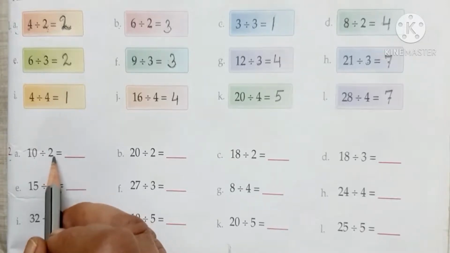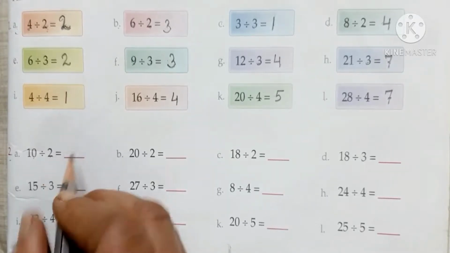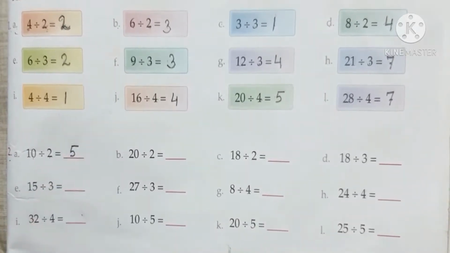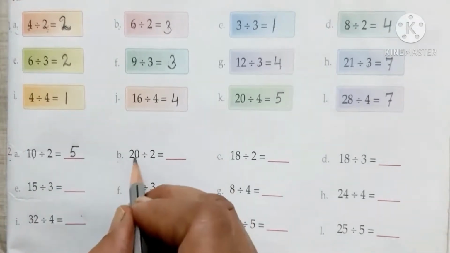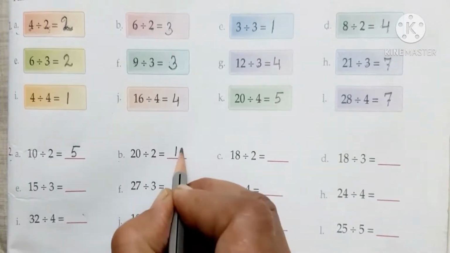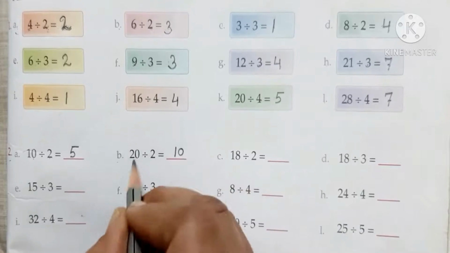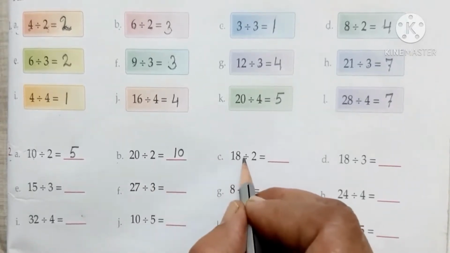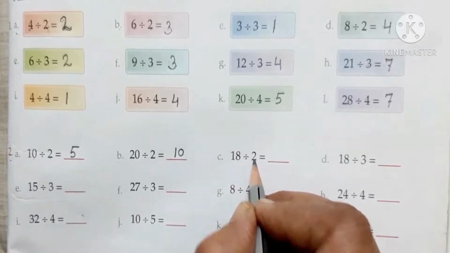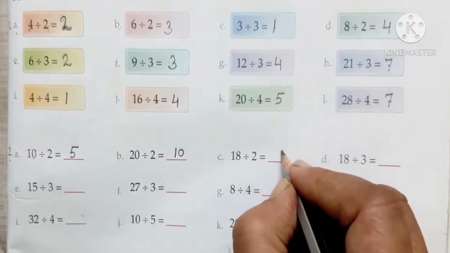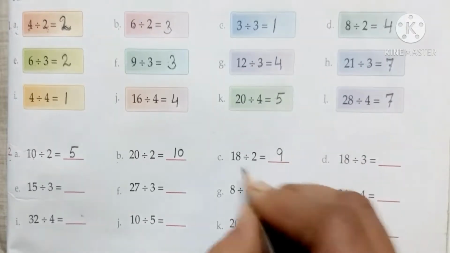Second, here 2-digit numbers are there. Recite the multiplication tables of 2. 2 5s are 10. B. 20 divided by 2. 2 10s are 20. C. 18 divided by 2. 2 9s are 18.